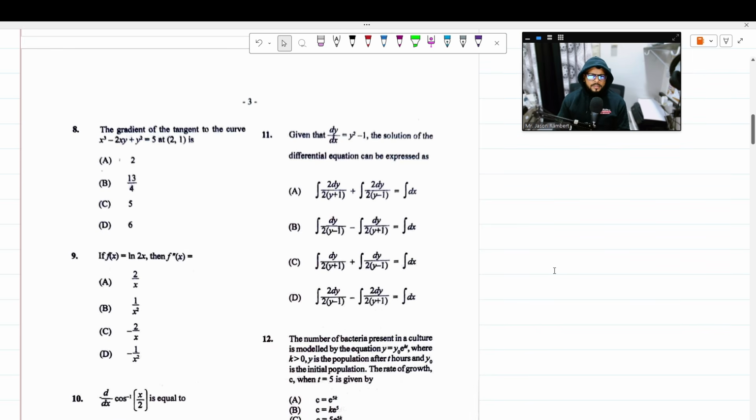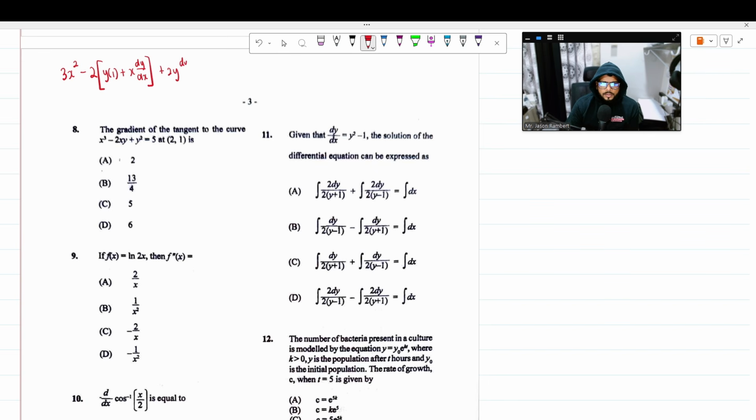The gradient of the tangent to the curve at (2, 1) is... I cannot make y the subject, so I have to differentiate implicitly. 3x squared minus 2 into, and then I'll differentiate xy implicitly. That's going to be v du/dx plus u dv/dx, plus 2y dy/dx is equal to 0.